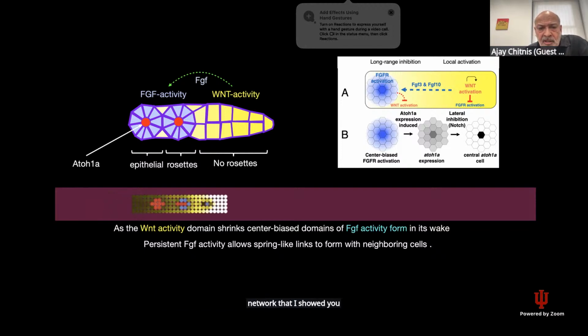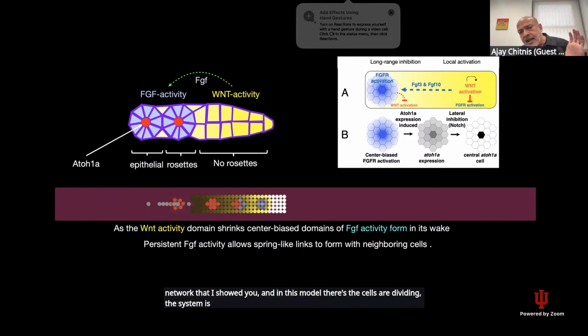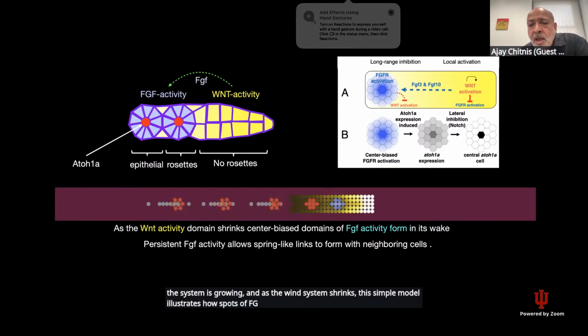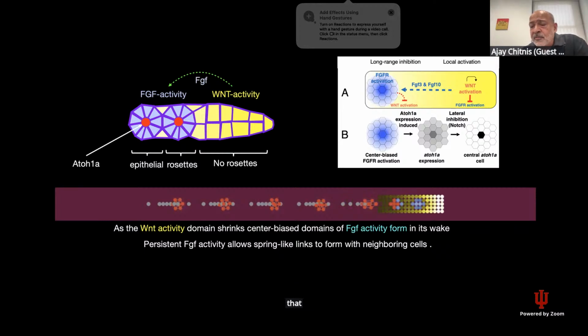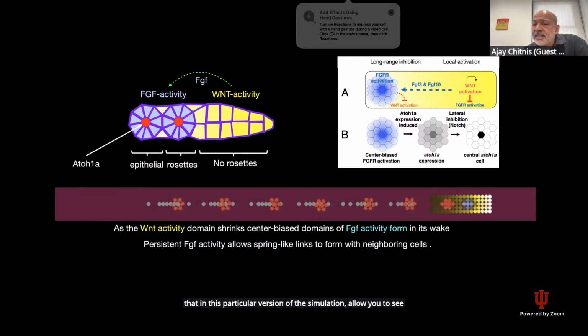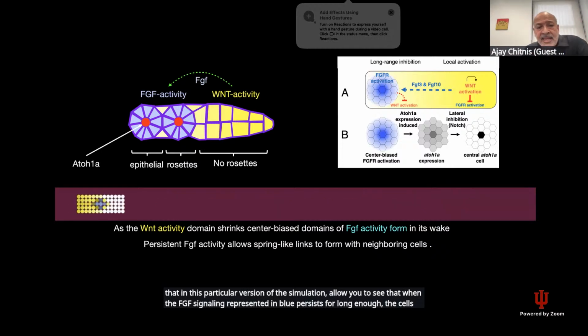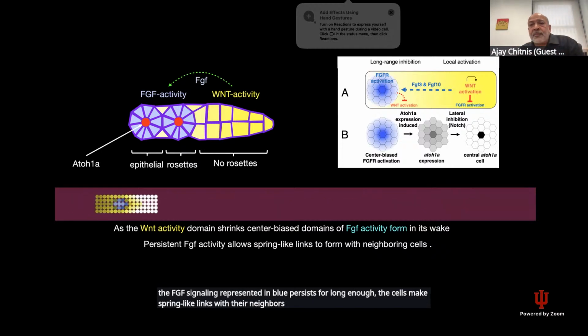And in this model, the cells are dividing, the system is growing, and as the Wnt system shrinks, this simple model illustrates how spots of FGF activity will spontaneously arise. In this particular version of the simulation, you can see that when the FGF signaling, represented in blue, persists for long enough, the cells make spring-like links with their neighbors to simulate the formation of these epithelial rosettes.